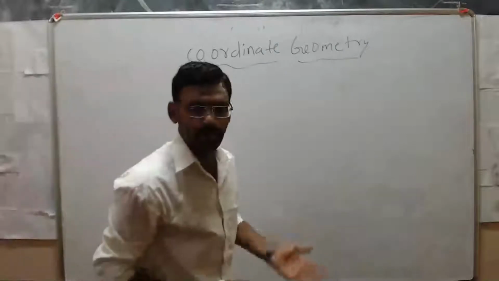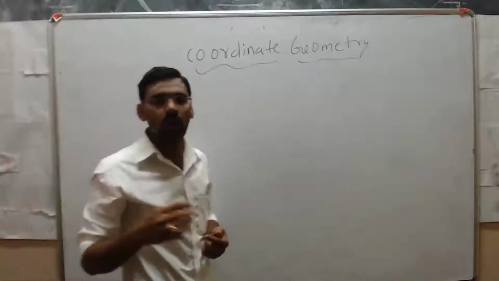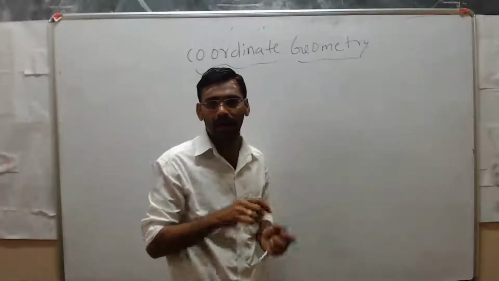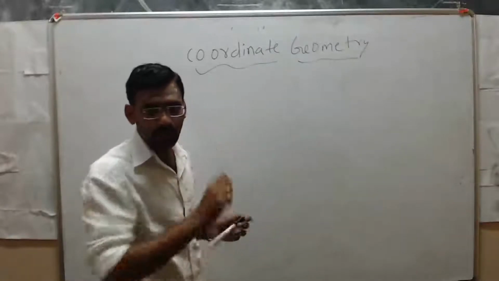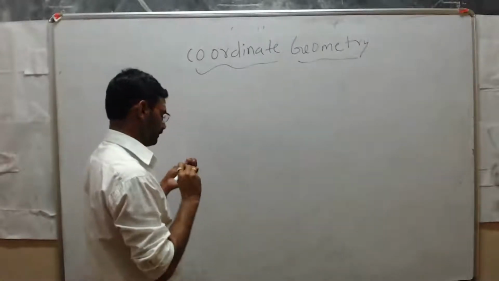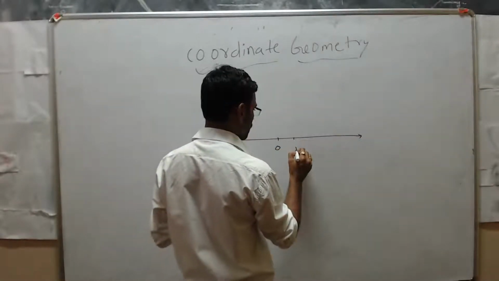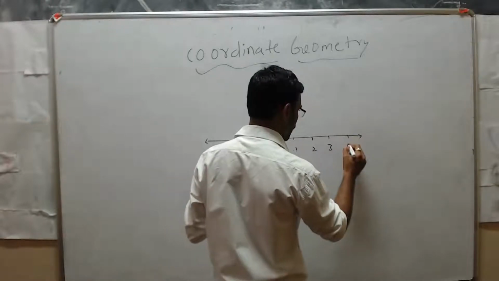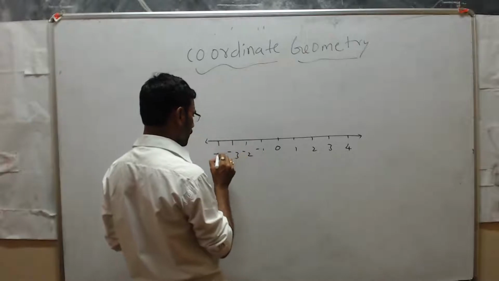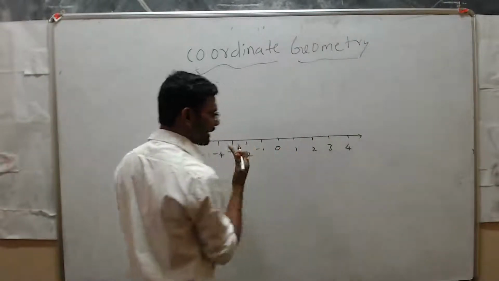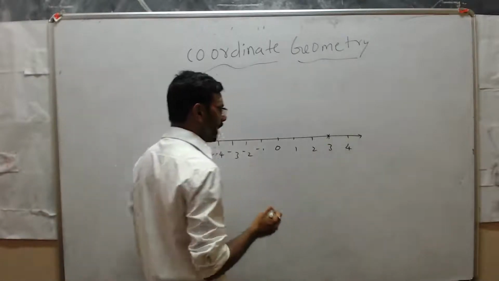Before starting coordinate geometry, first we have to study the basic things. All of you know how to locate a point on a line; I think you learned this in 8th standard. Zero, positive on one side and negative on the other. Locate the point at 3. It is here. Minus 3 is here.